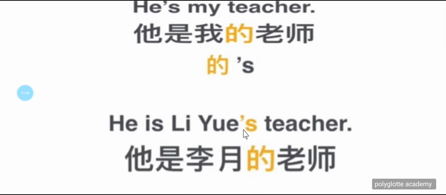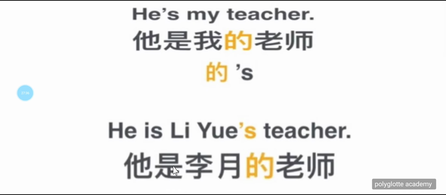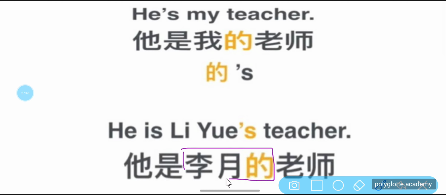So we have 他是李月的. This goes together. You don't read it as 李月 and then drop and say 的 老师.